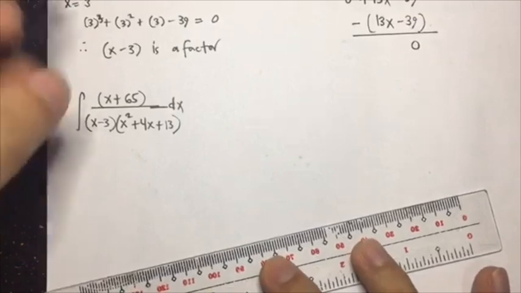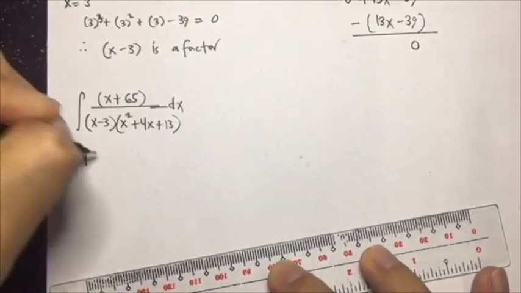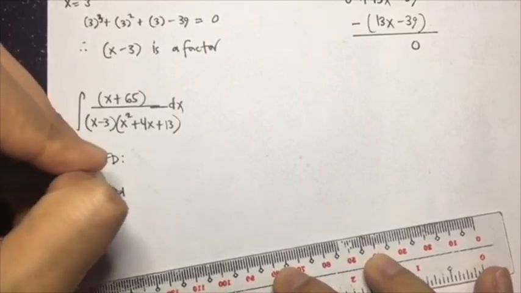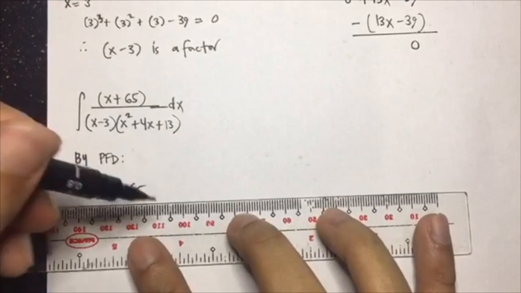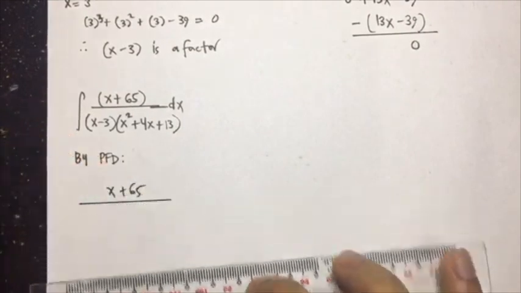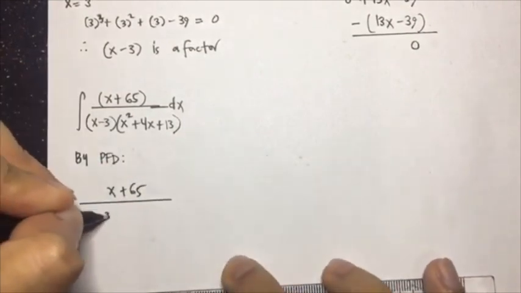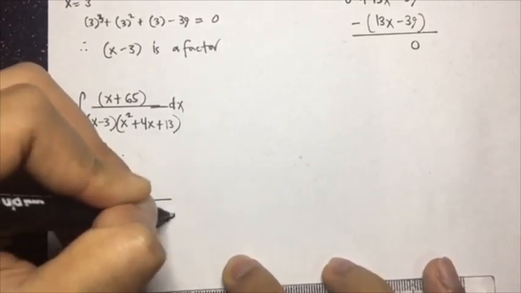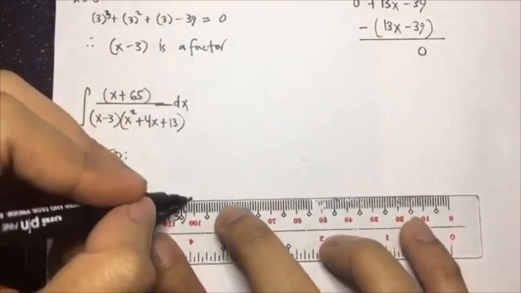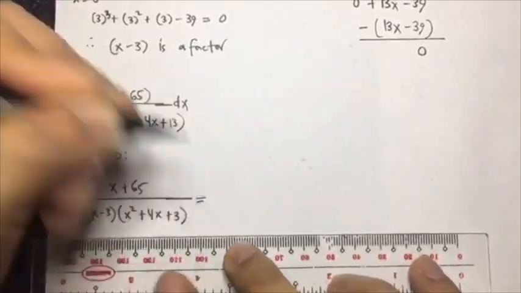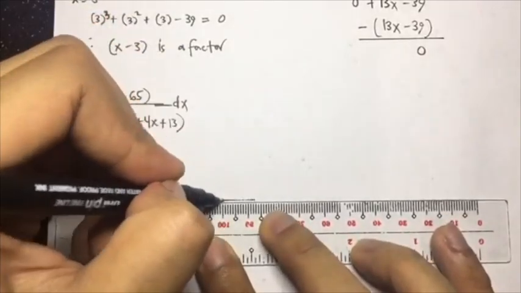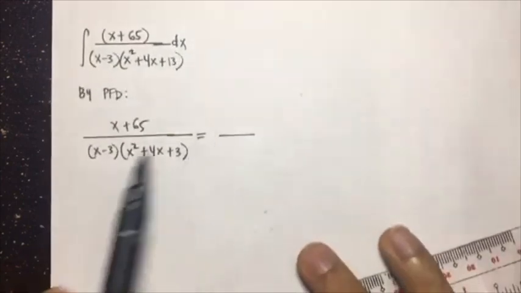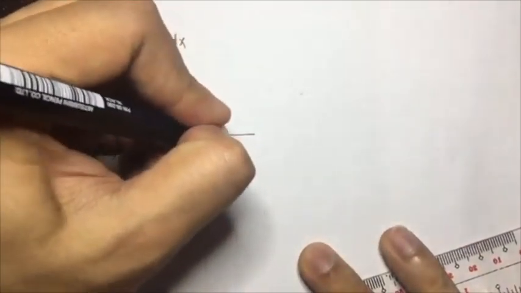So, by partial fractions, x plus 65 over x minus 3 times x squared plus 4x plus 13 is equal to, okay, the first partial fraction will have a denominator of x minus 3.